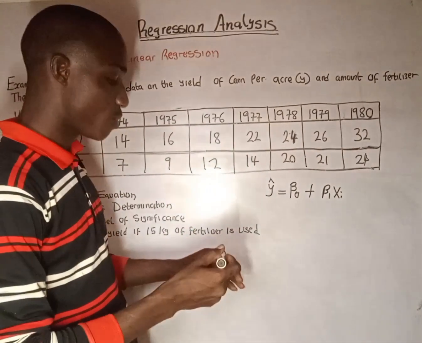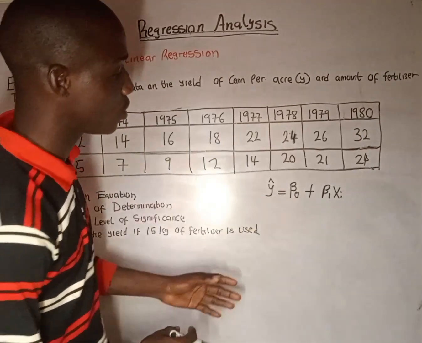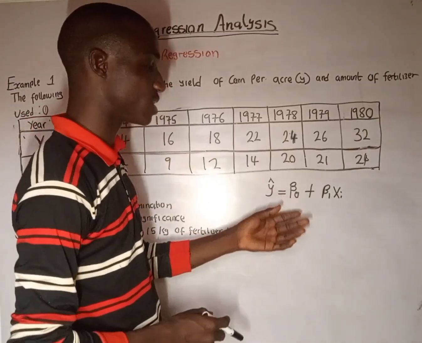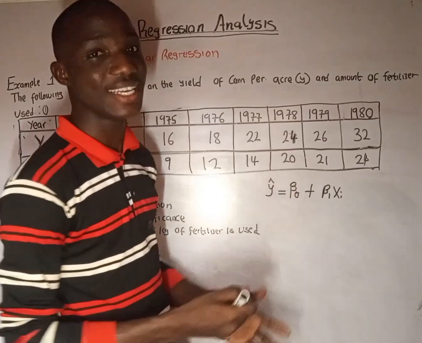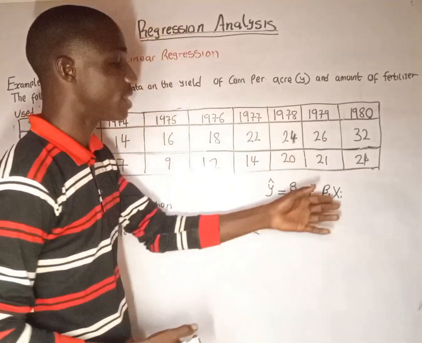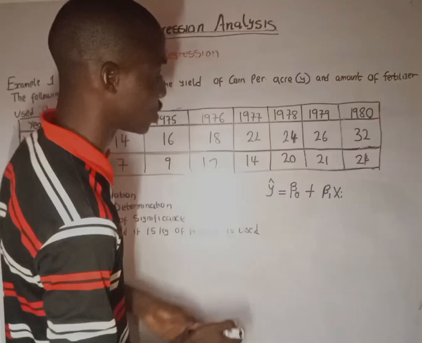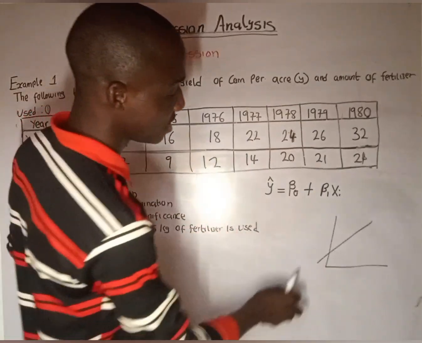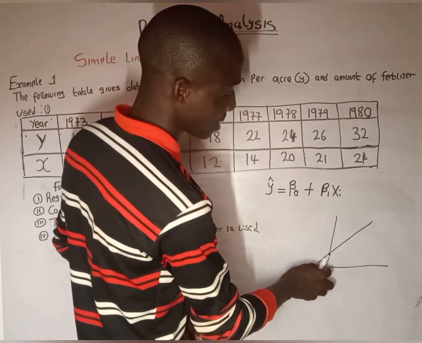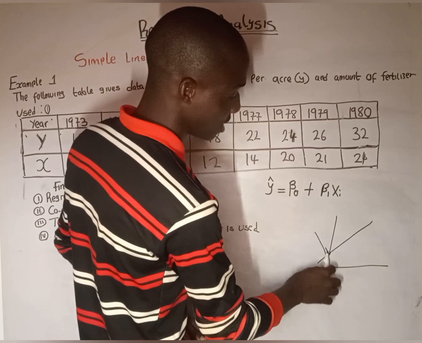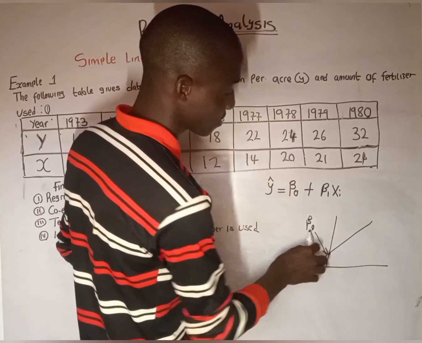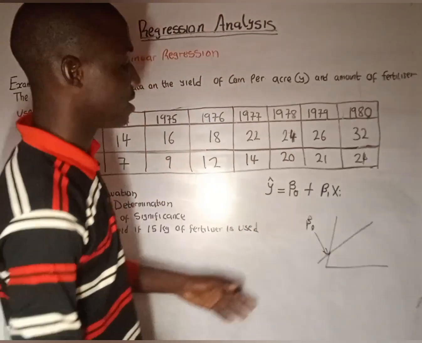Before we can get this equation, we have to know the value of our beta naught. Beta naught is the intercept of this equation, and beta 1 is the gradient of this equation. This place is the intercept, beta naught. The gradient is the change that proceeds.